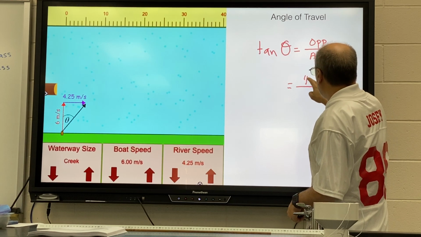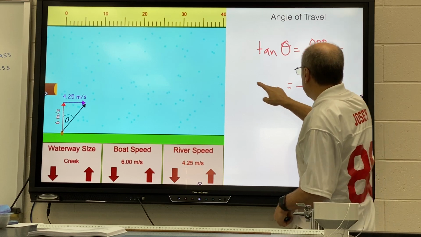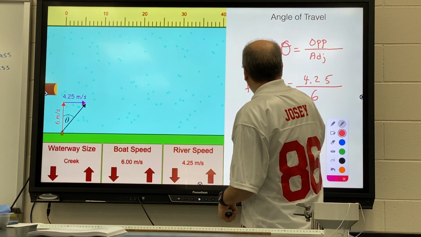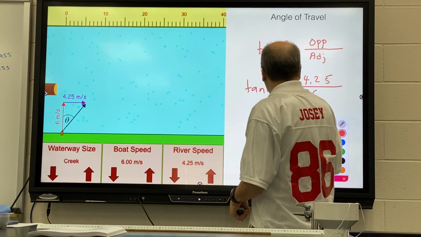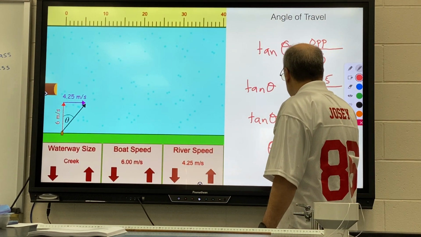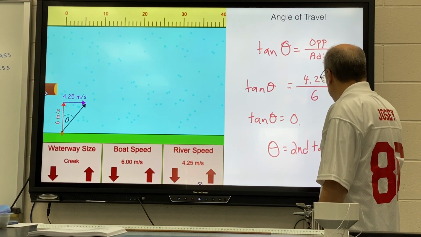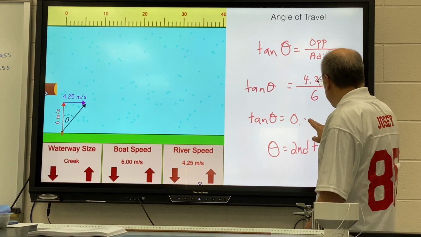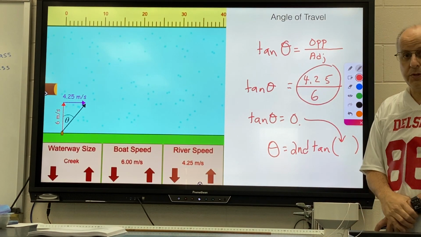So that would be the 4.25 divided by the 6. You turn that into a decimal, and then to get the angle, you go on your calculator and you hit second tangent of whatever decimal you got when you divided these two numbers.